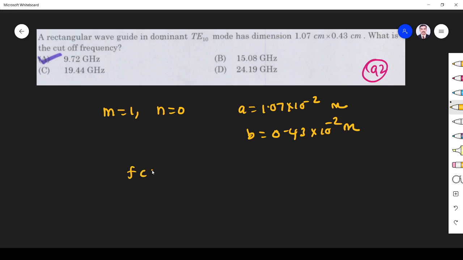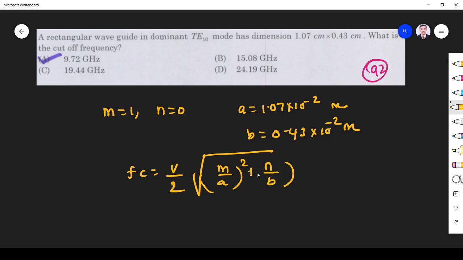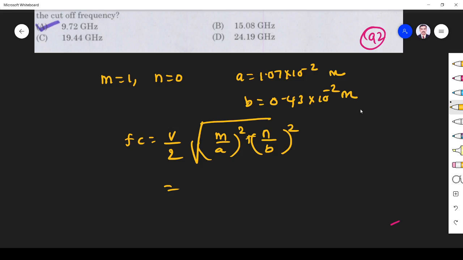We know fc is equal to v by 2 root of (m by a) squared plus (n by b) squared, where v is 3 into 10 power 8. So a, b values we know, m, n values we know. If you simplify, we get 9.72 gigahertz as the answer. So option A is the right answer.